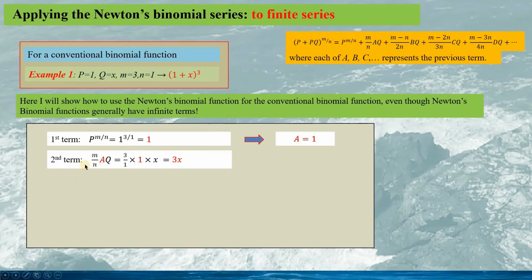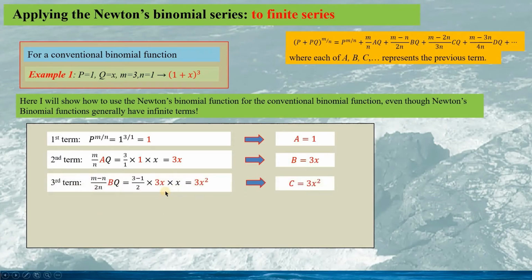Then we can calculate the second term given as this. So we can obtain the second term as 3x. So we can have b equaling 3x. Similarly, in the third term, we use the values m, n, b, and q. So we can obtain the expression for the third term.